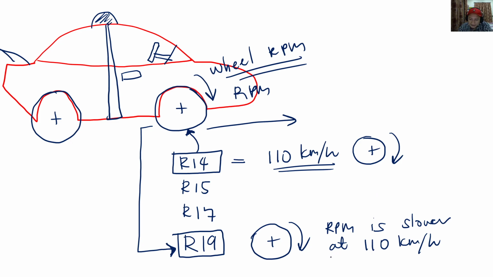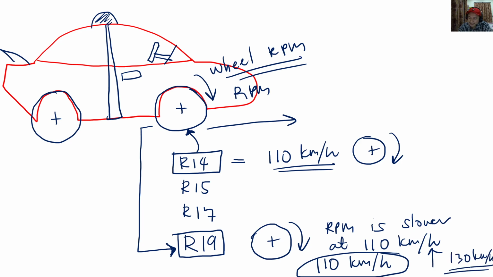So if your speedometer is showing 110 kilometers per hour, it's not actually 110. It's much higher. Higher by how much? You have to calculate. Maybe it's 130 kilometers per hour. Use V equals omega R.